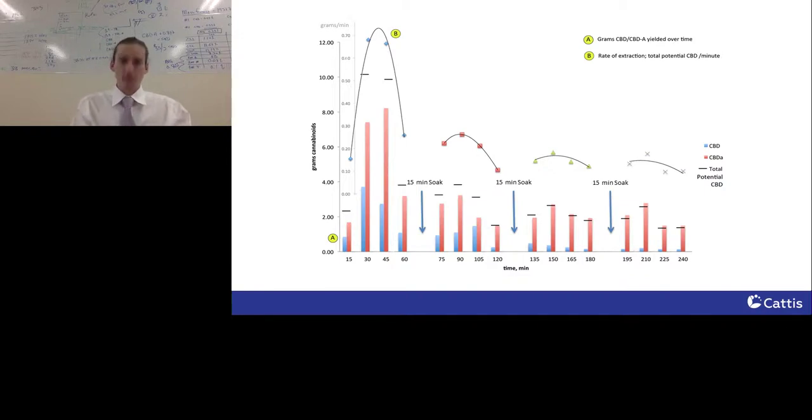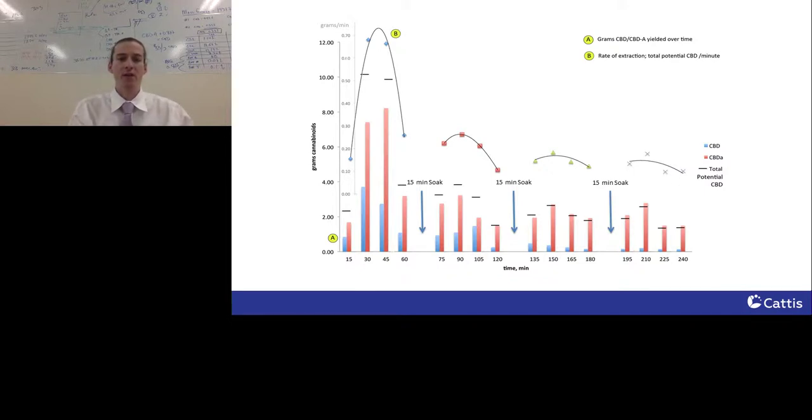And so for a few extractions, we tracked the extraction by collecting a sample every 15 minutes. And after 60 minutes, we let that soak for 15 minutes. And then during the dynamic run, we collected, once again, samples every 15 minutes.